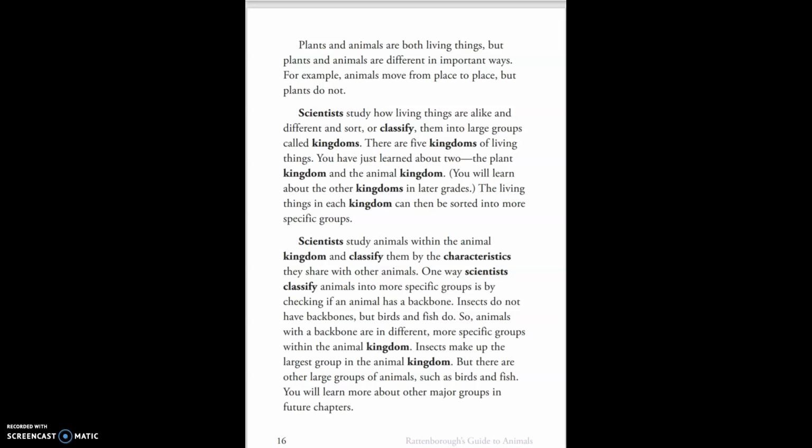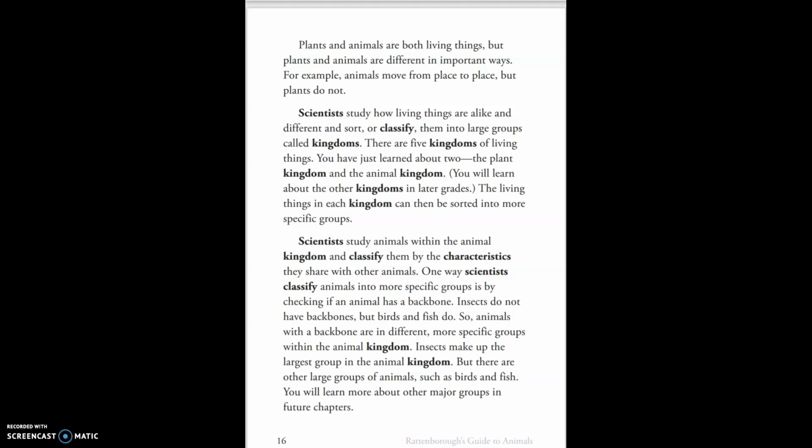The living things in each kingdom can then be sorted into more specific groups. Scientists study animals within the animal kingdom and classify them by the characteristics they share with other animals. One way scientists classify animals into more specific groups is by checking if an animal has a backbone.